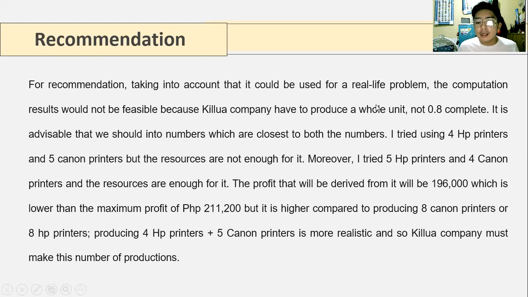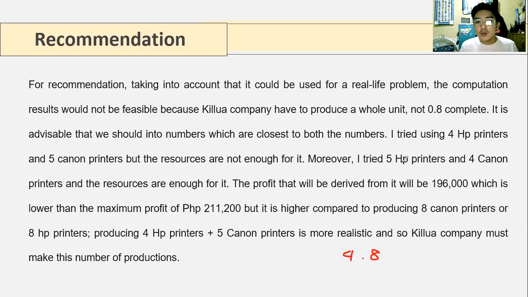So what does it mean? Since we get the optimal solution that the Kilua Company must produce 4.8 of each printer, but if we think of it from a real-life perspective, this 0.8 is not feasible. It is not possible for the company to sell an 80% complete printer.